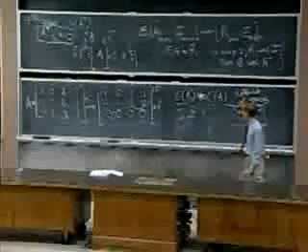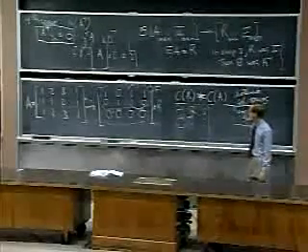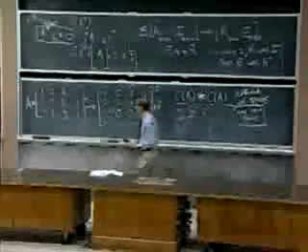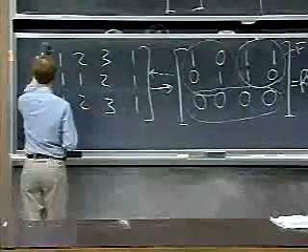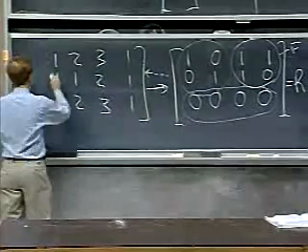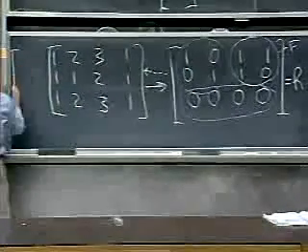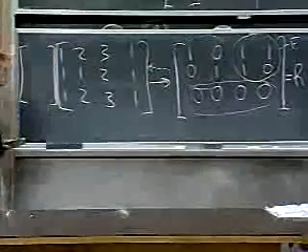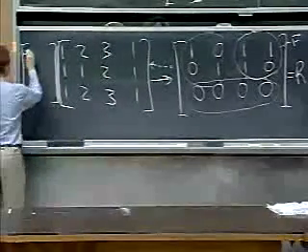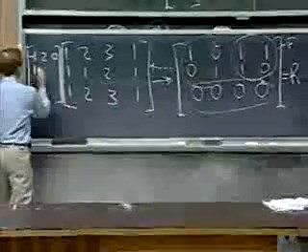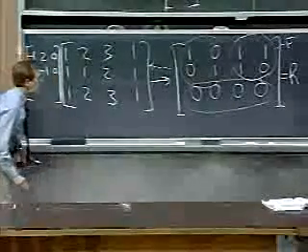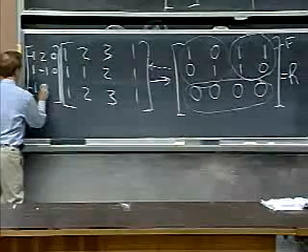I believe that's E. The way to check is to multiply that E by this A, just to see, did I do it right? So I believe E was minus 1, 2, 0, 1, minus 1, 0, and minus 1, 0, 1.